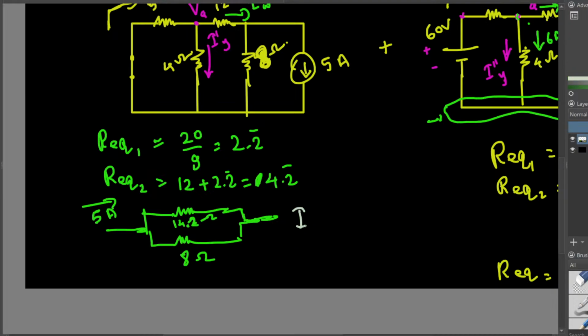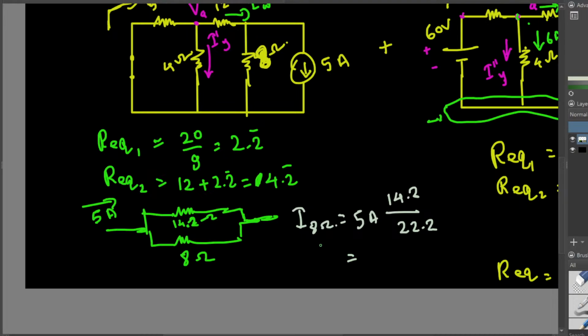The current divider equation says that if you want to find the current through any resistance, let's say the 8 ohm resistance, it's equal to the source current, that is 5 ampere, times the other resistance on top, that's 14.2, divided by the sum of both resistances, that's 22.2 ohm.